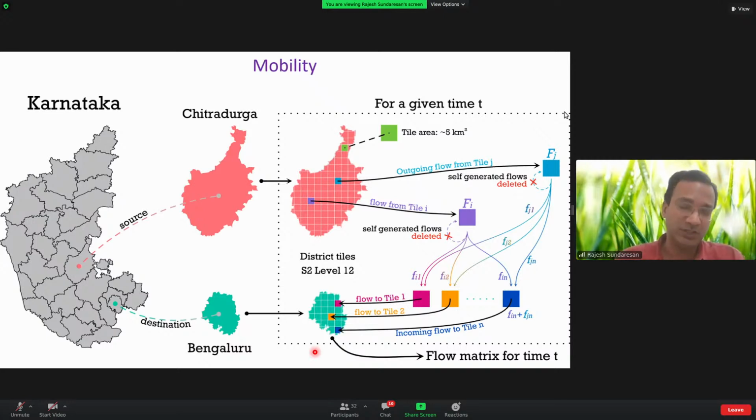We need to handle each district as a separate unit. We brought in mobility with data that we could gather to some extent. In the simulations that I will show, we actually removed the mobility, but it is a feature that we have brought into the picture so that when this data becomes available, we will be able to incorporate it quite easily.